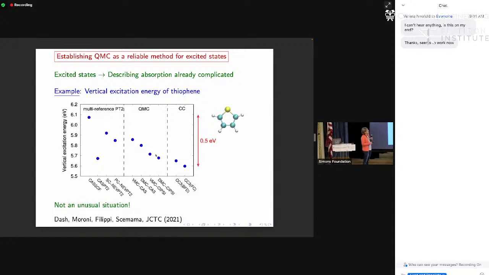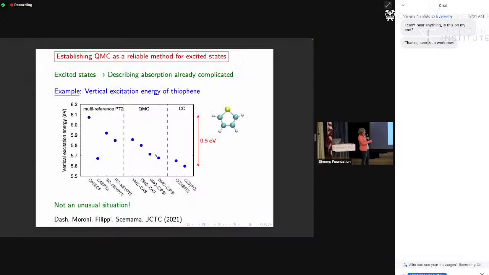What we are plotting here is the vertical excitation energy versus different techniques. These are all correlated techniques. These are multi-reference perturbation theory type of approaches, CASSCF, we go to CASPT2, NEVPT2, different flavors.